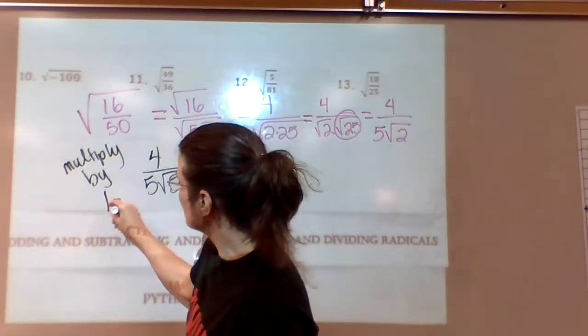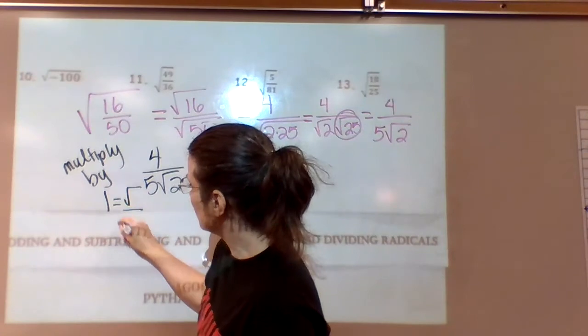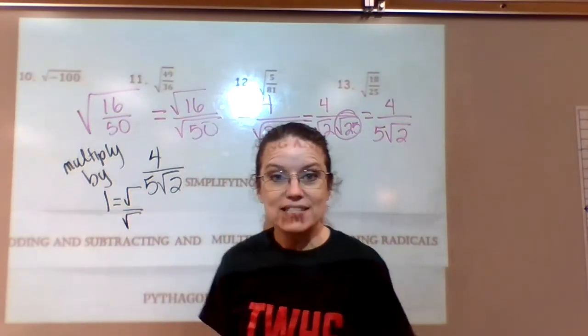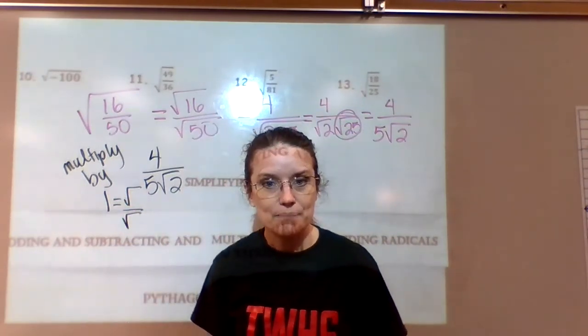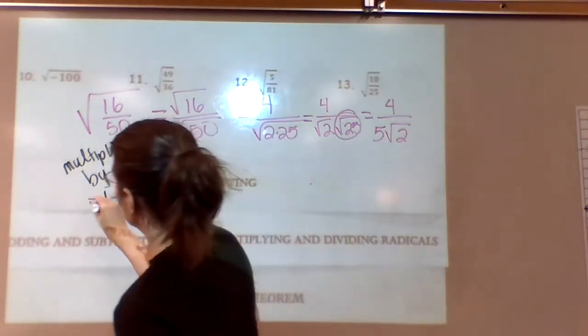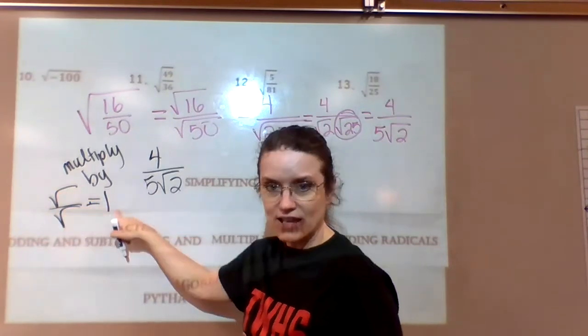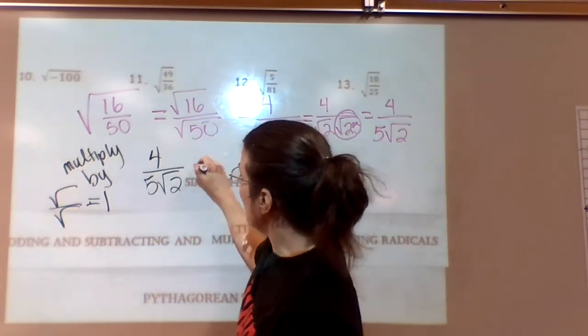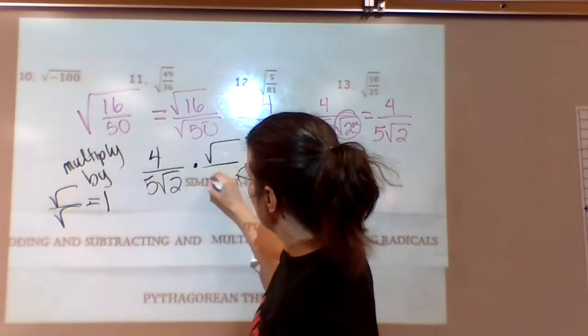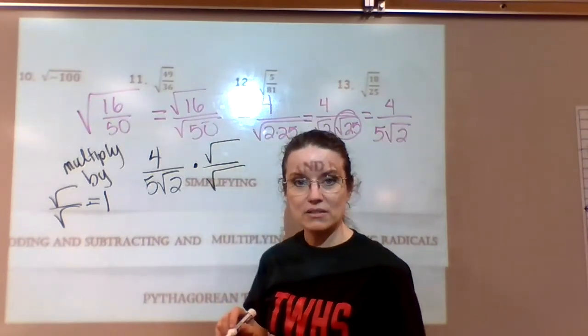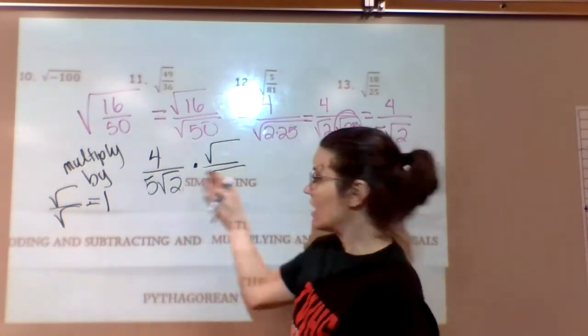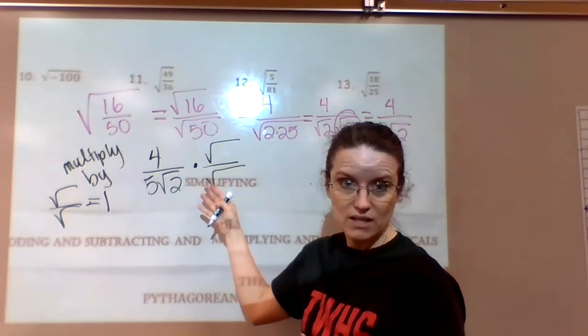And the way we do that is we do a radical over a radical of the same thing. So I'm going to put this on the other side here. Square root over square root. Anything divided by itself equals 1. So if I times this by a radical over a radical, I haven't changed its value. I'm just timesing by 1.